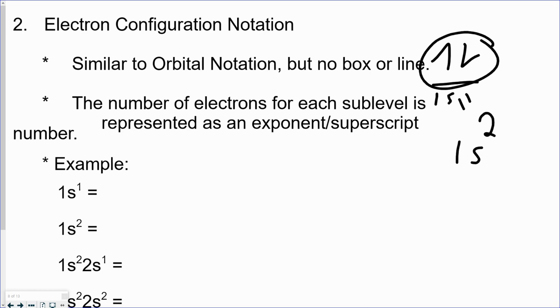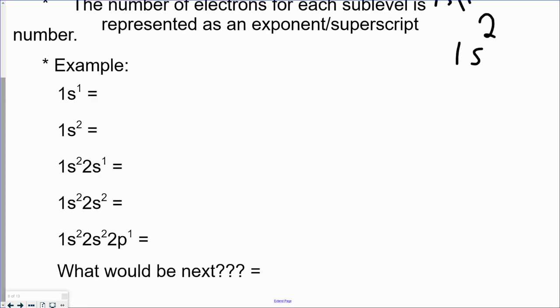So, who is 1s1? Notice how I said that, 1s1, not 1s to the first or 1s to the second, just 1s1, 1s2. And everyone in the scientific community would know what you're talking about.